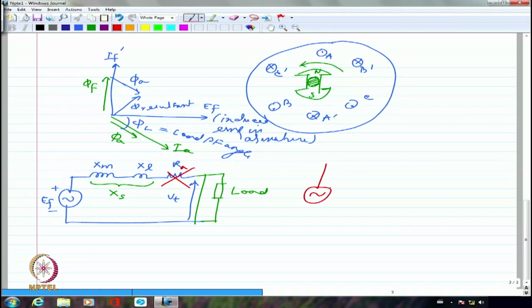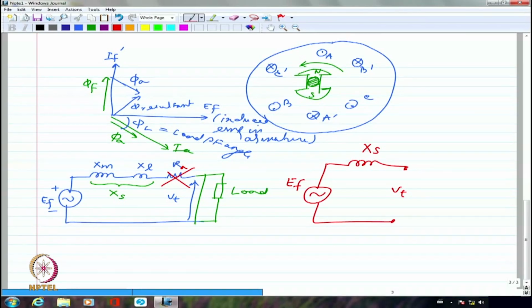You will just say, this is EF, you have a reactance which is XS, and this is Vt, which is available. That's it. As simple as that. This is the overall equivalent circuit of the synchronous generator or synchronous machine in general.